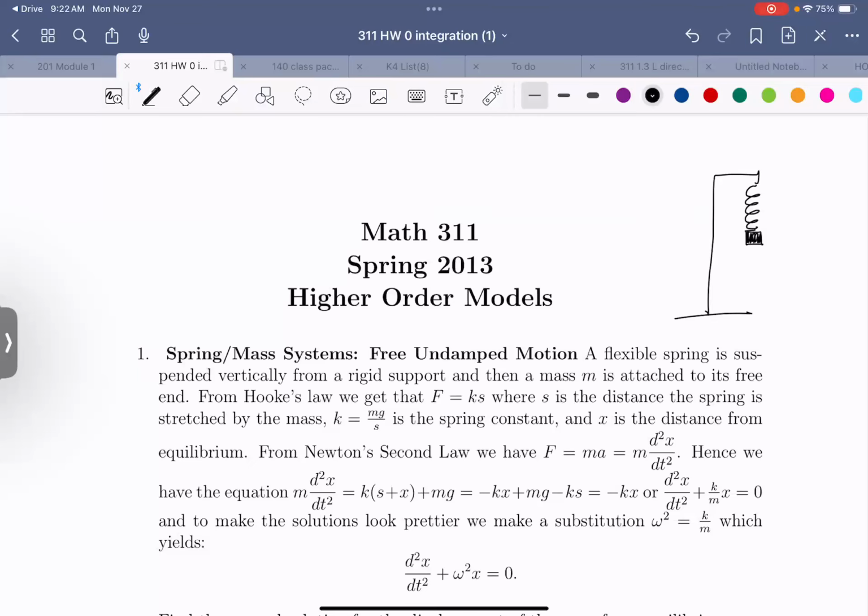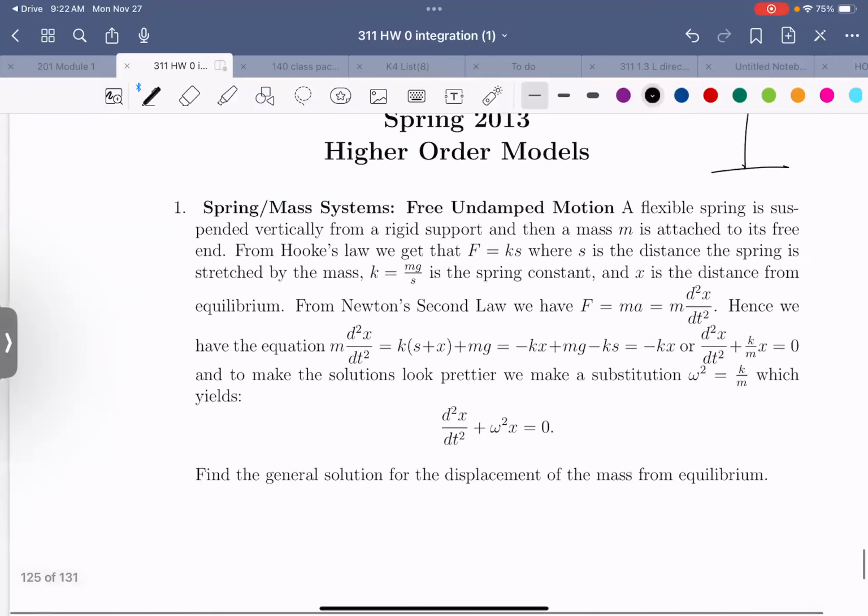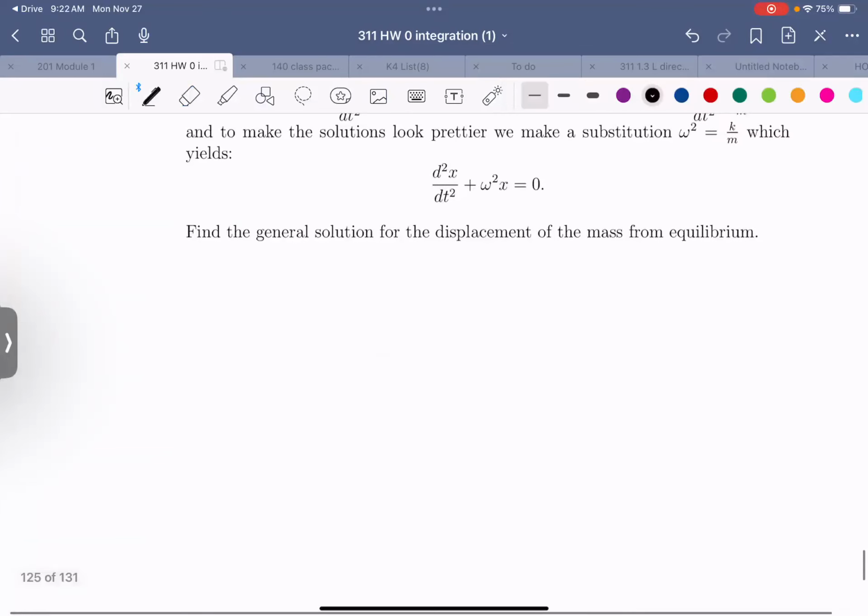So here's how that works. If we think of this as a point mass, then the 2 things that are working on this is gravity pulling it down, and then the spring pulling it up. And at equilibrium, those 2 things are balanced.